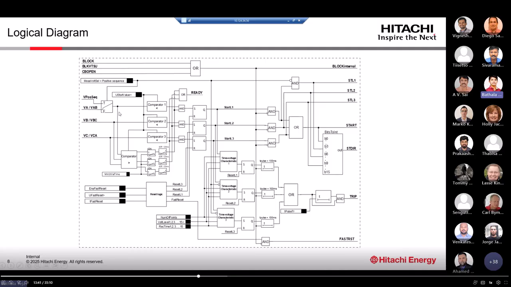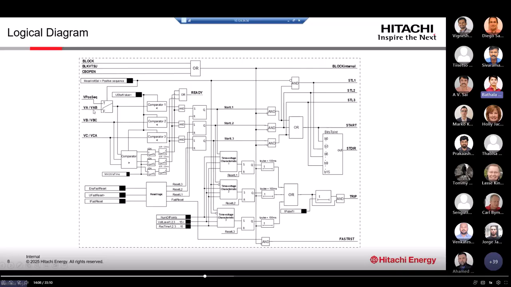One more point: when positive sequence mode is considered, we show only start and trip from this function. Phase wise start will be disabled because only one operating quantity is considered to monitor whether there is an under voltage condition or not. That's why we provide only start for the protection functions to block in case of positive sequence mode.